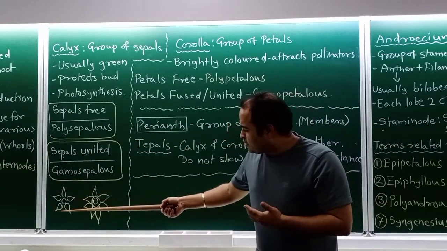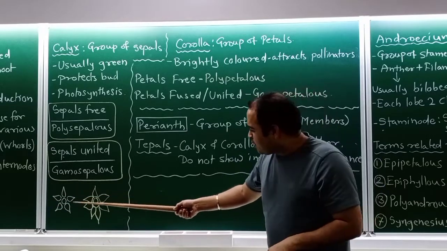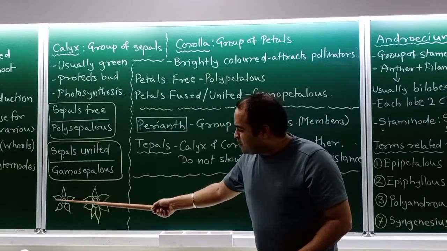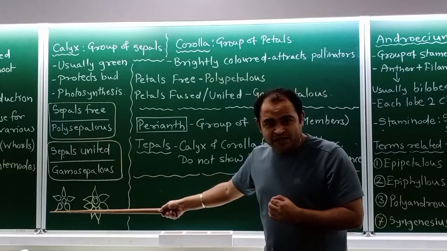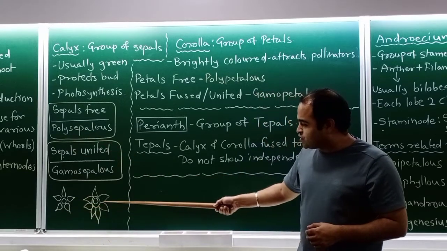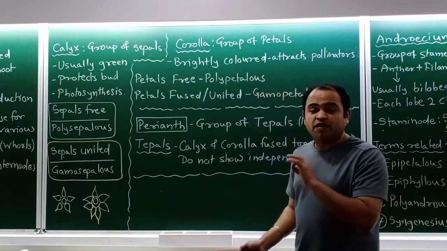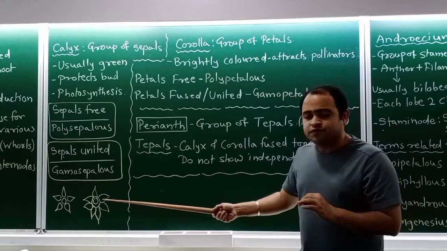Don't take it seriously, but consider these sepals as separate. So they are polysepalous, and this is fused somewhere. Hence it is gamosepalous. This is not the perfect drawing, but I have drawn it just to understand the schematic.